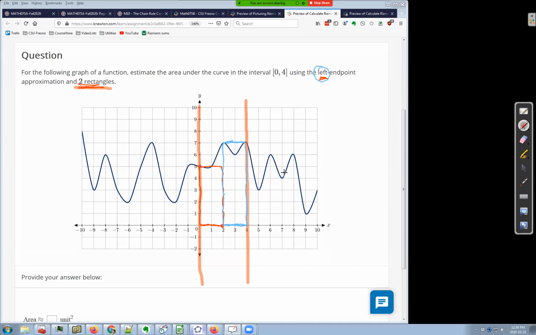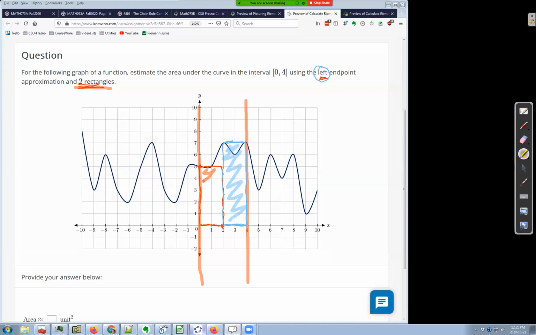So now I've got the picture and that's good. But now I have to find the areas. I need to find the area of this blue rectangle and I need to find the area of this red rectangle.